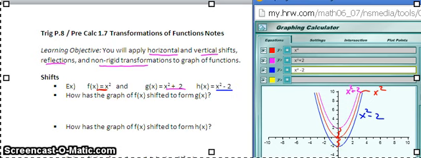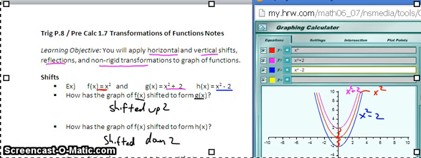So when we take a look at from the f function to the g function, from x squared to x squared plus 2, notice that when we added 2, that shifted it up 2. When I went from x squared to x squared minus 2, so when I went from red to blue, the intercept has moved down 2. So this has shifted the graph down 2.